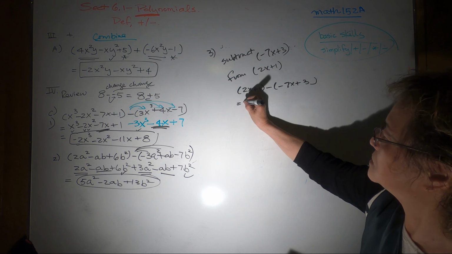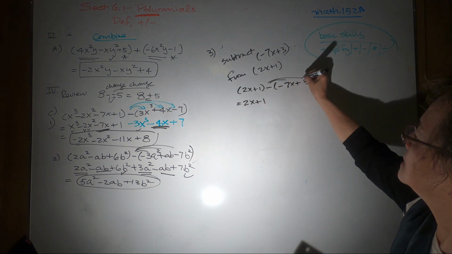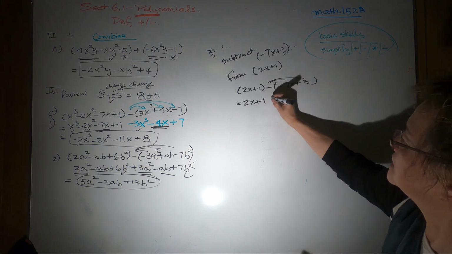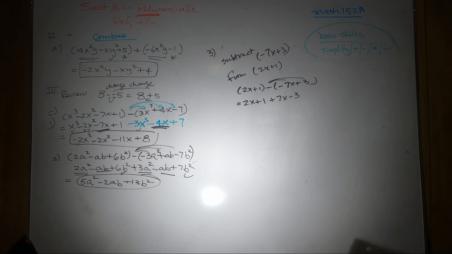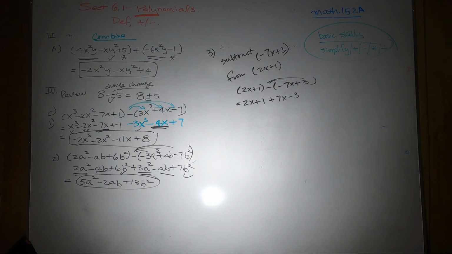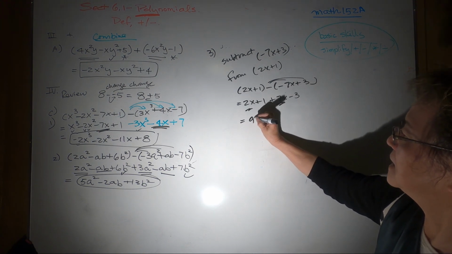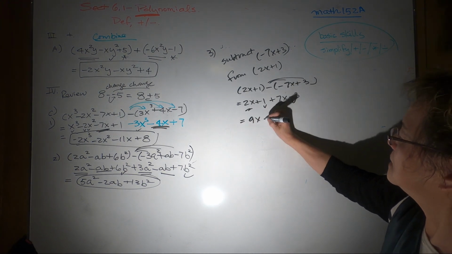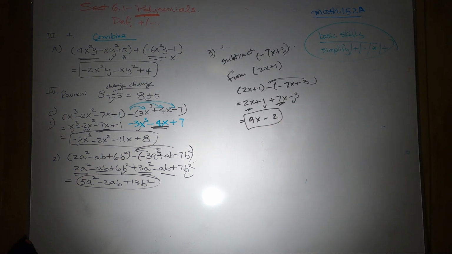So this one is the same, this one minus, so you distribute. Negative becomes positive, positive becomes negative, that's how you do, right? Then you combine like terms, that would be what? 9x, number and number, that would be the answer, right?